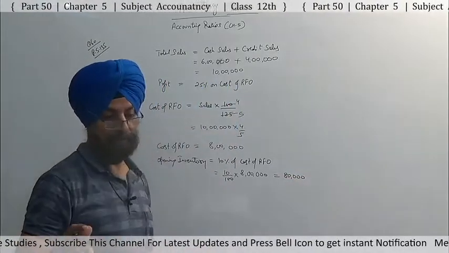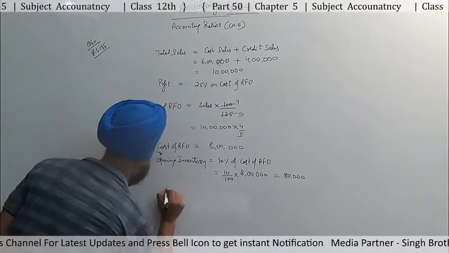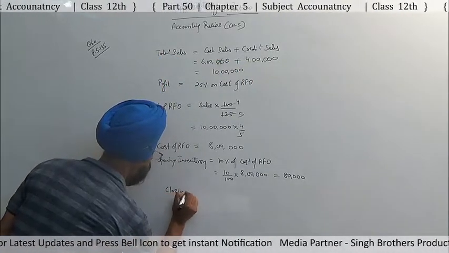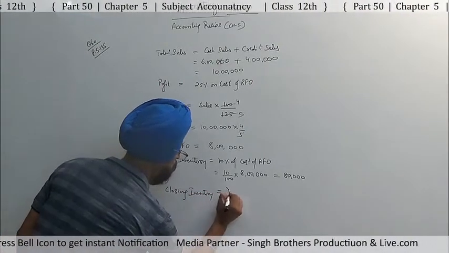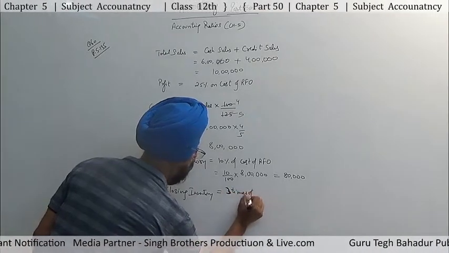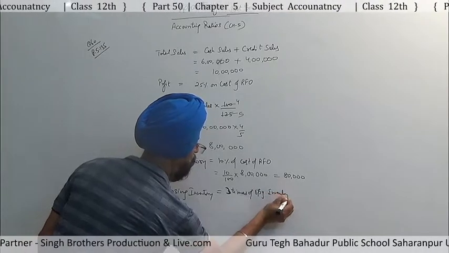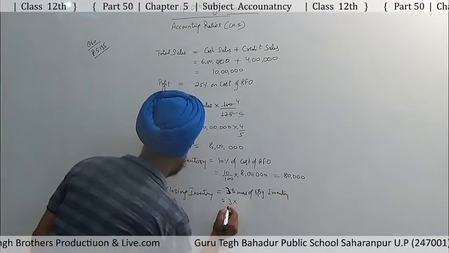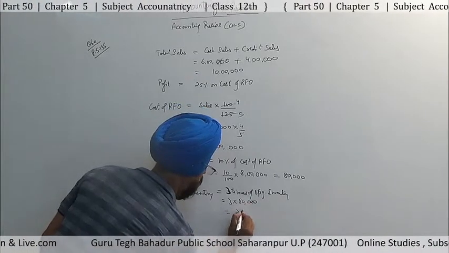And about closing inventory, it is given 3 times of opening inventory. Closing inventory is 3 times of opening inventory. 3 into 80,000, this is 2,40,000.